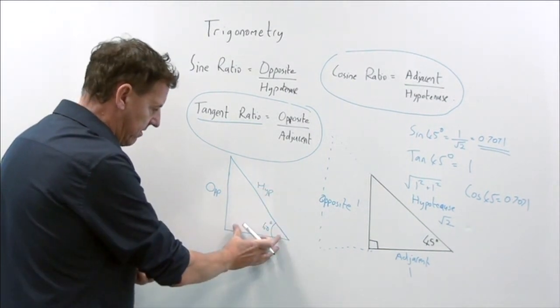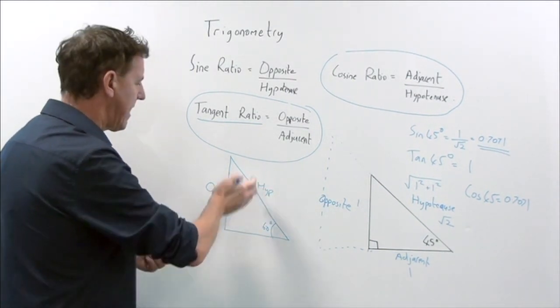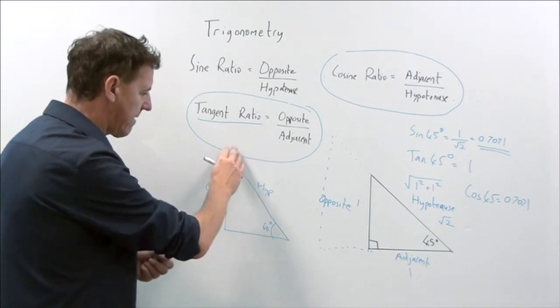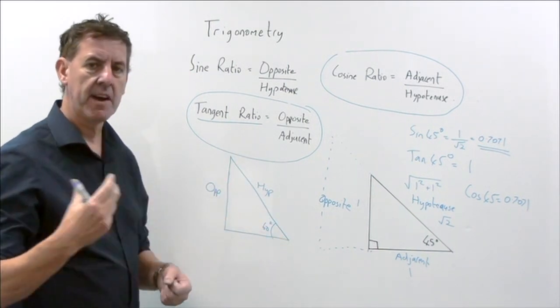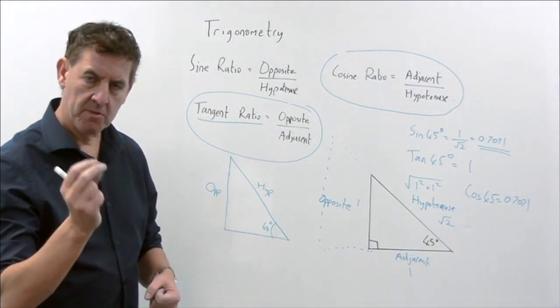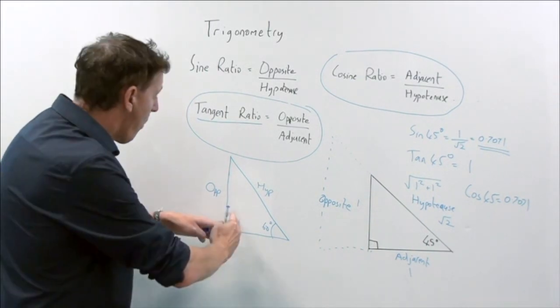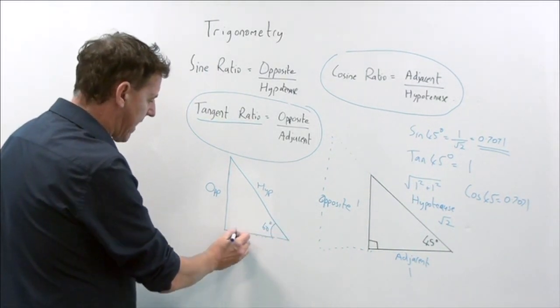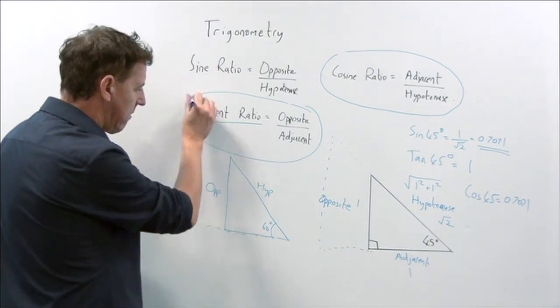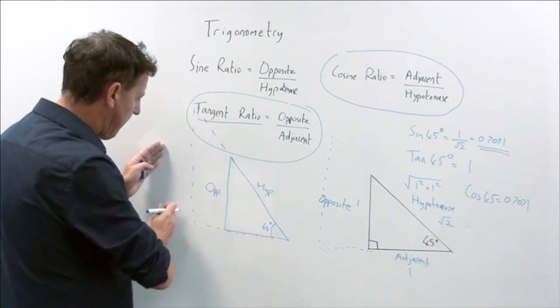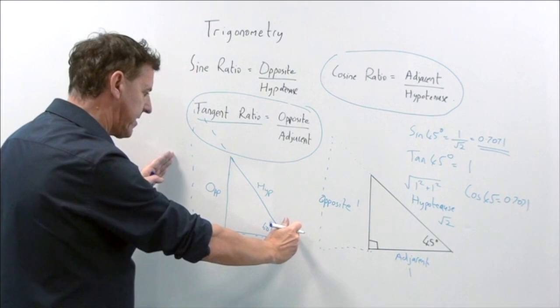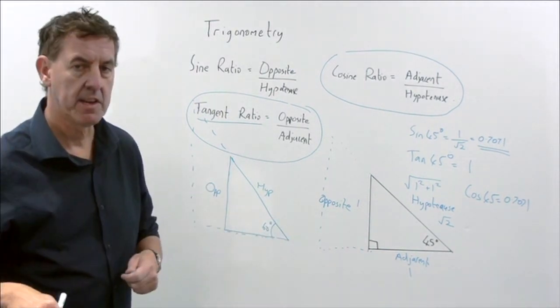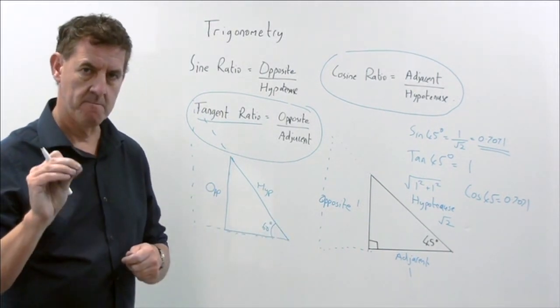I guarantee if I measure this opposite side and this hypotenuse side and I divide the two numbers, they would come to a single number, whatever size I make the triangle, as long as it's got 60 degrees and a right angle. I'd have a different length for this side, but when you divide the two numbers together, they come to exactly the same number.